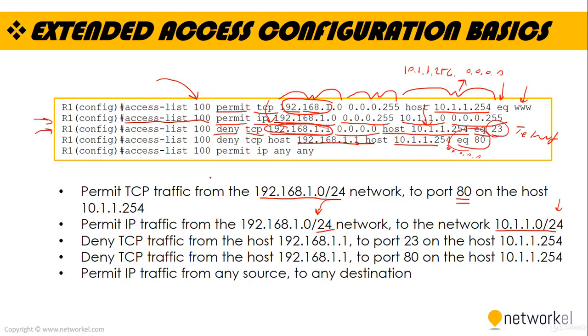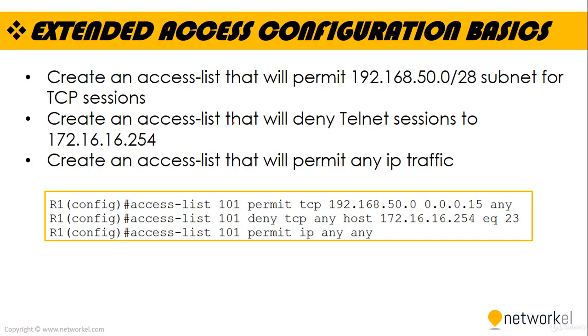And in the last statement, we are using access list 100 permit IP any. The any keyword means that if you want to match all sources or all destinations, substitute the entire source or destination element of the command with the keyword any. Let's go ahead with another configuration example.